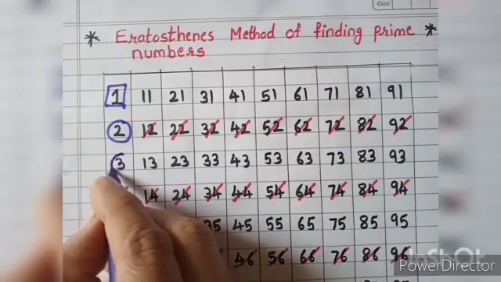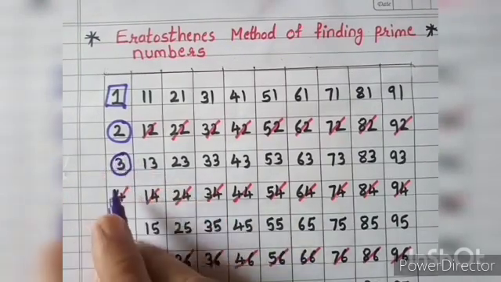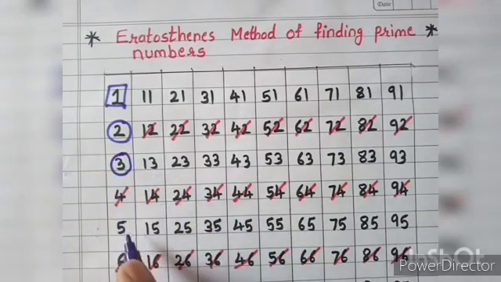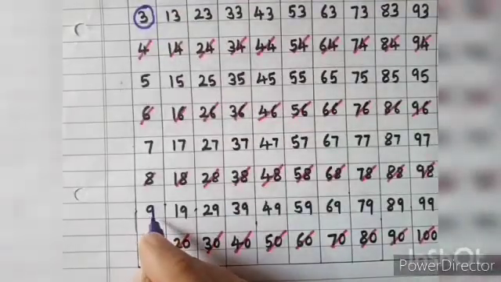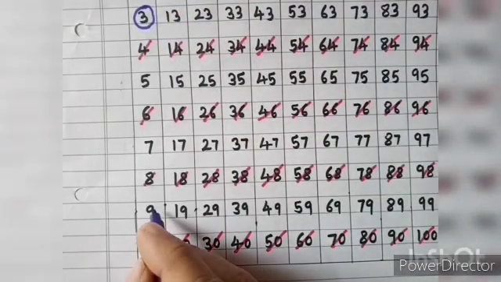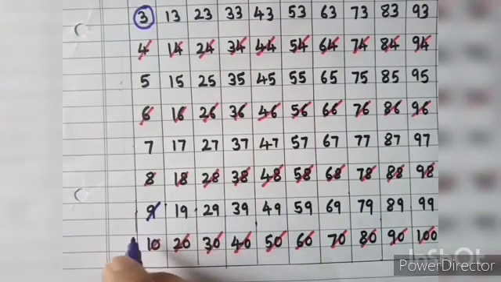Now next prime number after 2 is 3. So circle around 3. Next multiple of 3 is 6. Already we have struck it out. Next multiple of 3 is 9. So strike out that number.